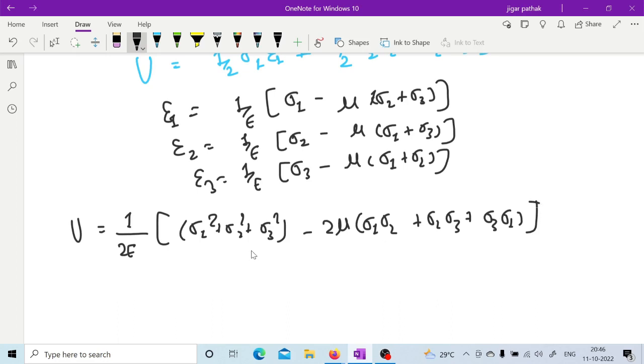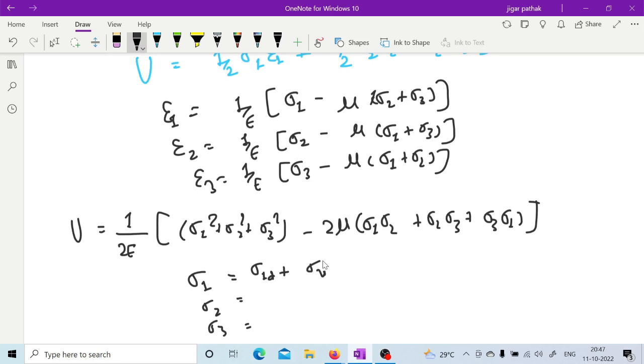Now the stress along all three directions has two components: the deviatoric component, and the volumetric component, which is going to change the volume.